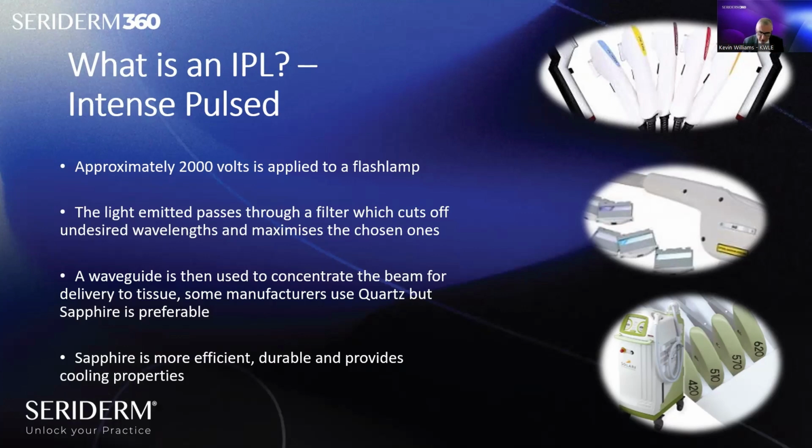To try and get it to be targeted. Some people use quartz. Some of the early systems use quartz. They used to tend to chip and they get degraded quite quickly. Modern systems use sapphire. Sapphire is preferable because it's much more efficient. It's very durable, provides more energy to tissue, and it's got incredible cooling properties as well.